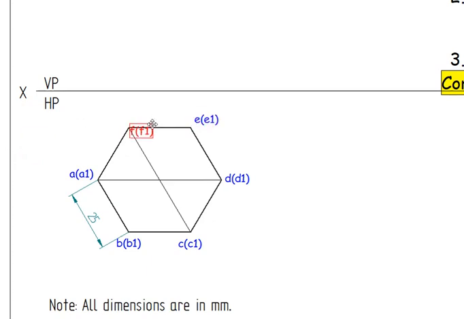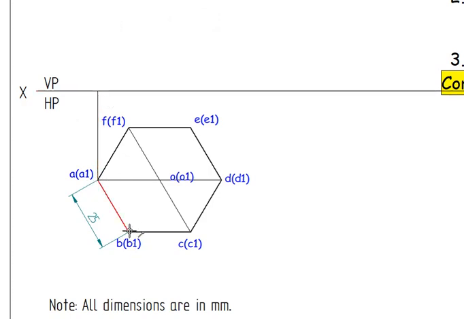F we can see but not F1. So we also get the axis point. This is O, which is seen, but O1 is not visible.